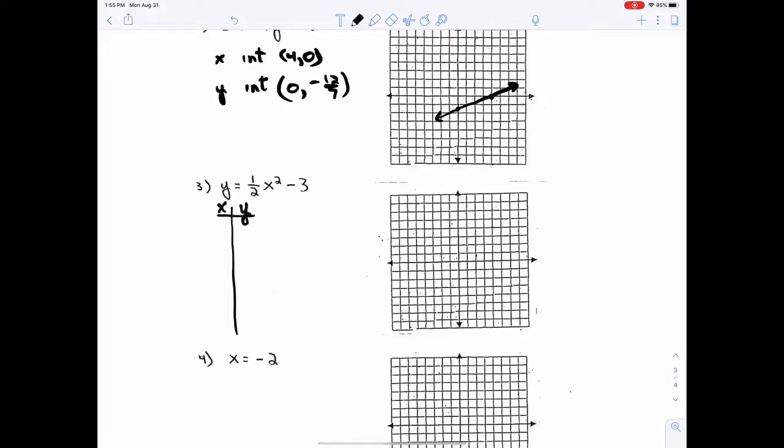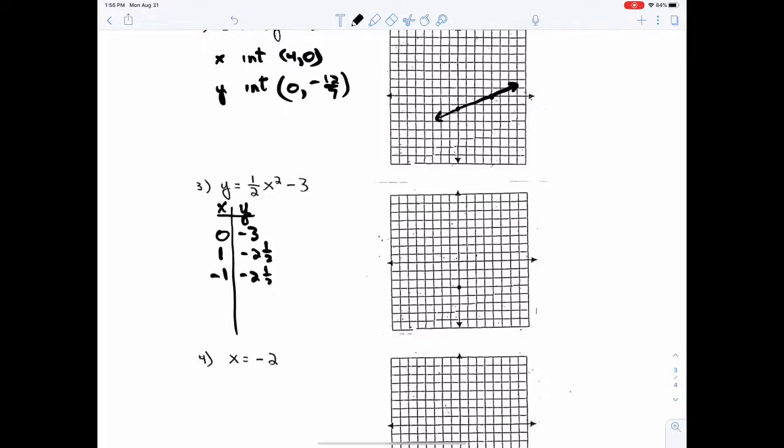Okay, let's plug in 0 for x, and if you need to calculate it, go ahead, but 0 squared times 1/2 minus 3 is -3. So I'm going to pick 0, -3. Okay, let's plug in 1. 1 squared is 1 times 1/2 minus 3 is -2.5. And if I plug in -1, I'll get the same thing.